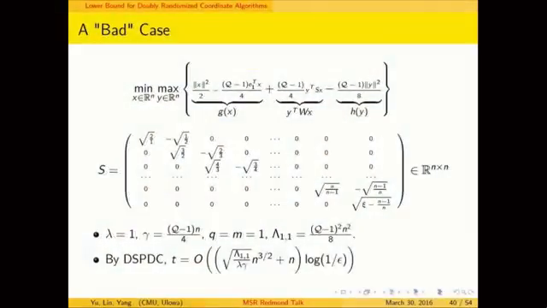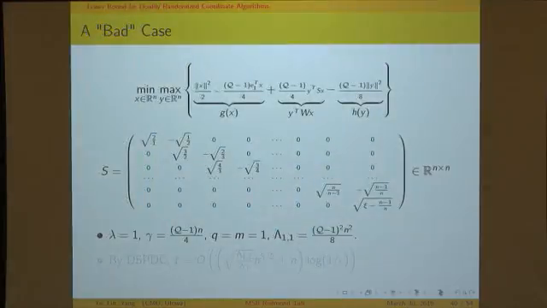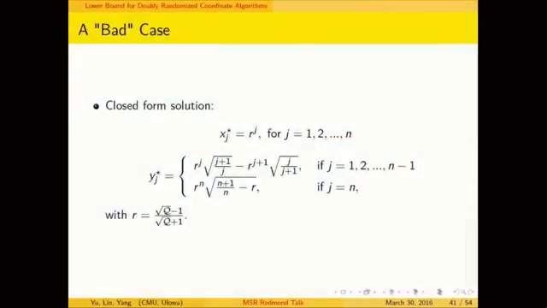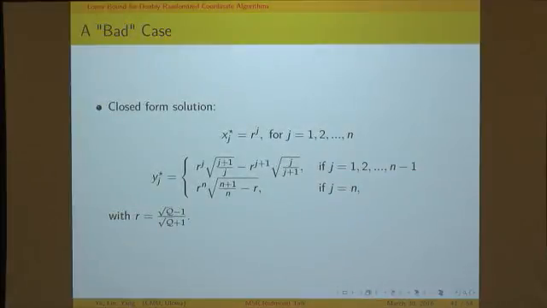Now we can easily compute the necessary parameters, for example lambda, gamma, and qm. By the theorem of the SPDC, it would need this number of iterations to converge to the optimal solution. On the other hand, because this formulation is conjugate, we have a closed form solution. It's as simple as this, just a few lines of linear algebra.